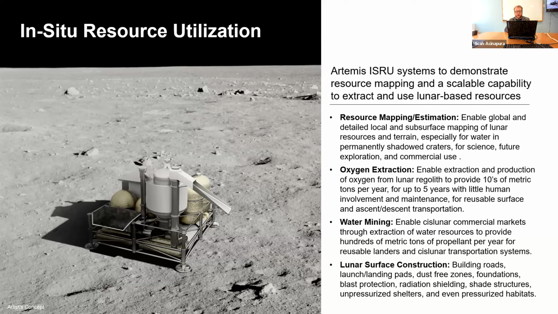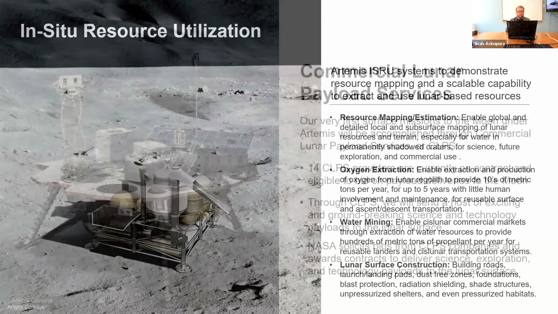So that can be a very high priority once we have this technology built. It also allows us to build radiation shields, various shaded structures, unpressurized shelters, and even eventually one day pressurized habitats. So there are really interesting opportunities for developing the moon.